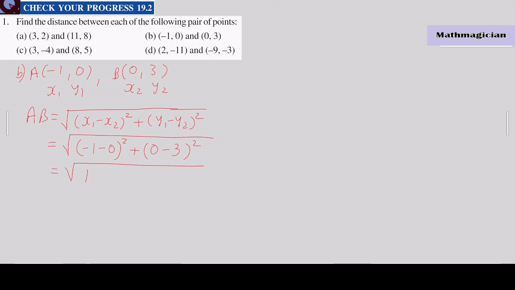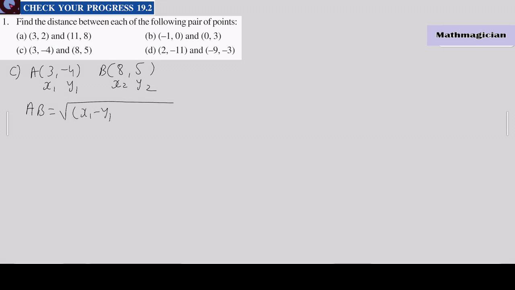Negative 3 square is always positive, that gives you 9. So this plus 9, that is under root 10. We cannot further simplify this, so root 10 is your final answer. Root 10 unit.